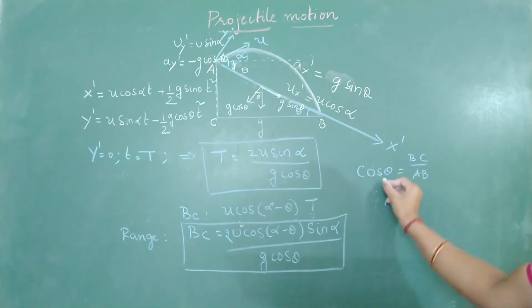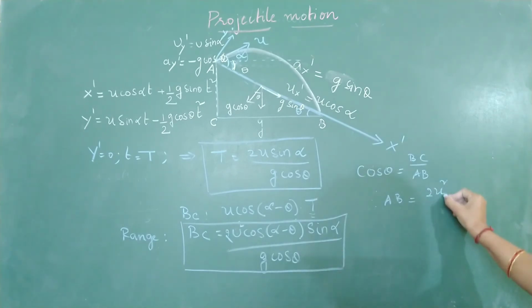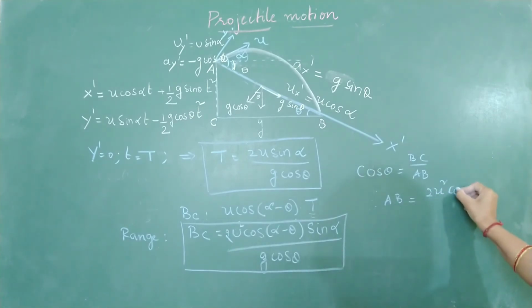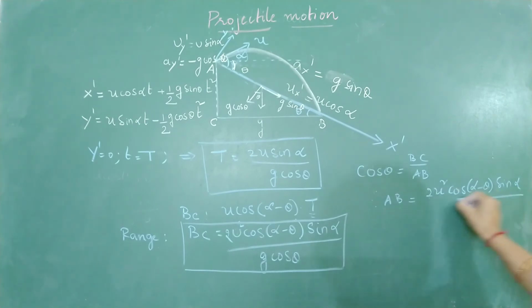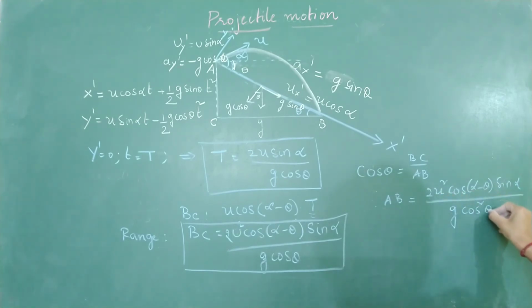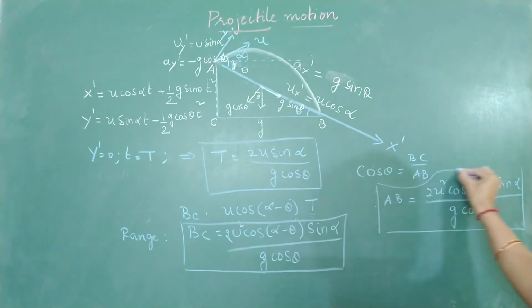BC by cos theta. We already know the value of BC. Divide with cos theta. The range along the inclined plane is 2u square cos alpha minus theta into sine alpha by g cos square theta. This will give you the range along the inclined plane.